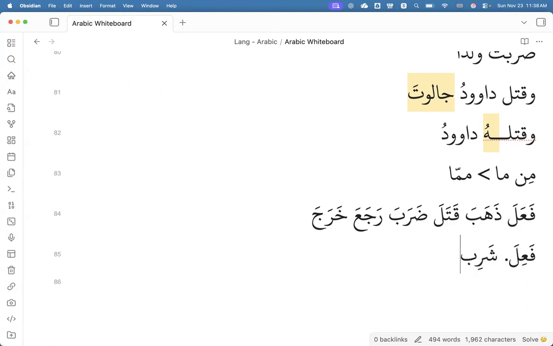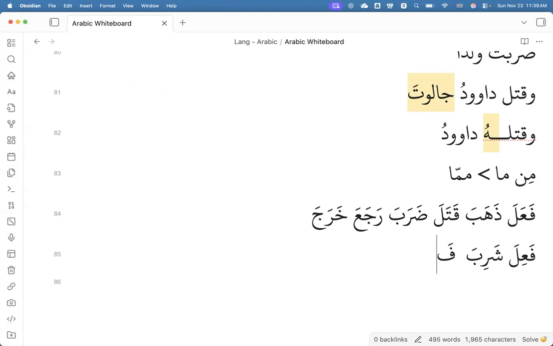It's always going to be like that. He drank. Shariba, sharibat, sharibu, sharibna. Like sharibtu, sharibta, sharibti, like that. Shariba.